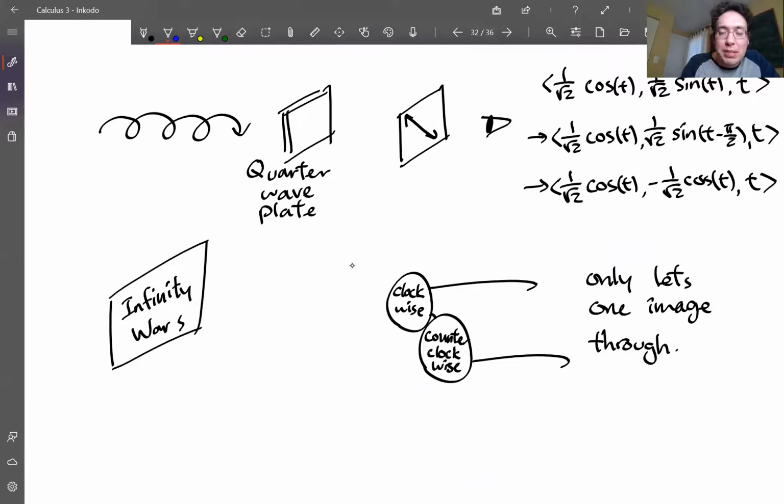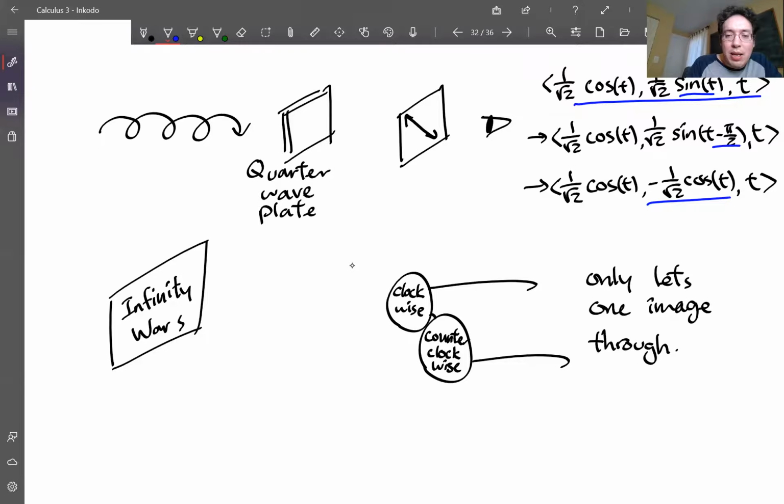So what happens? Let's say you have something that's counterclockwise polarized. So it's a cosine and sine. And you hit it with the exact same quarter wave plate. So sine is now delayed by another quarter period. And if you take the sine wave and shift it to the right by another pi over 2, then what you'll get is negative cosine.